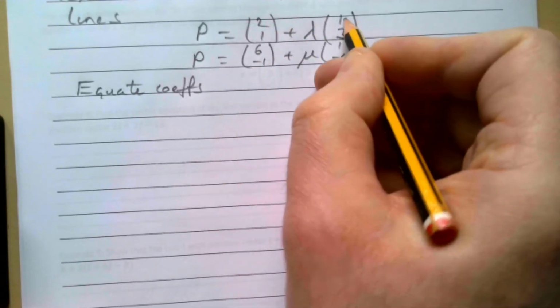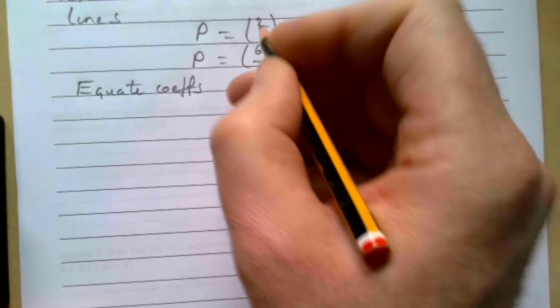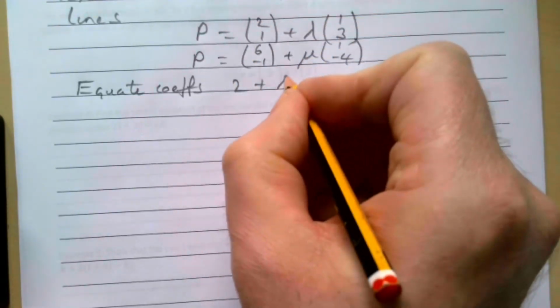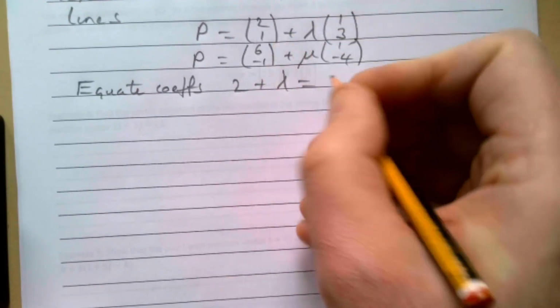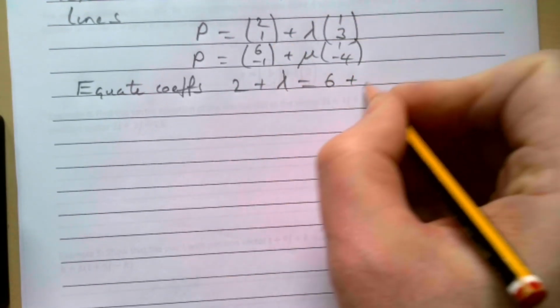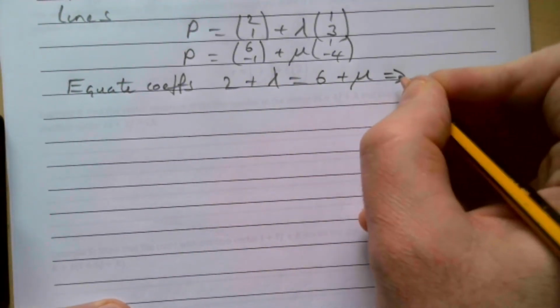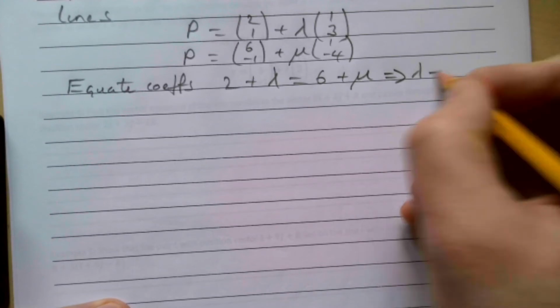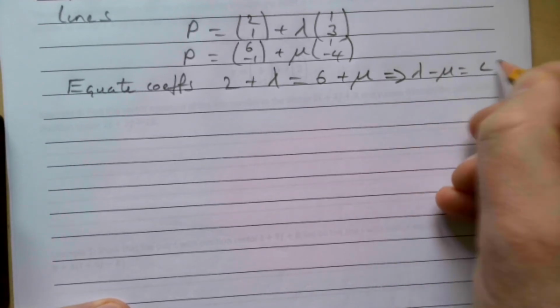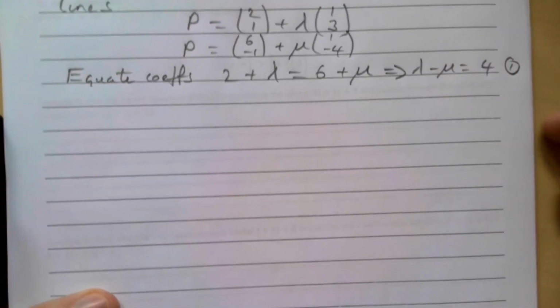We can take the i bits and put them equal to each other. So we can go 2 plus lambda must equal 6 plus mu. If I rearrange that, I'm going to get lambda take away mu equals 4. And we'll call that equation 1.